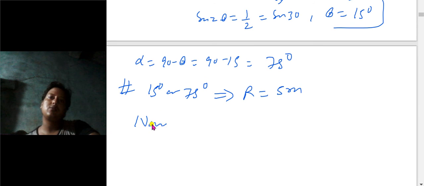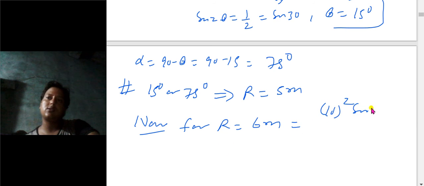Now for range equals 6 meter, u square sine 2 theta over g.